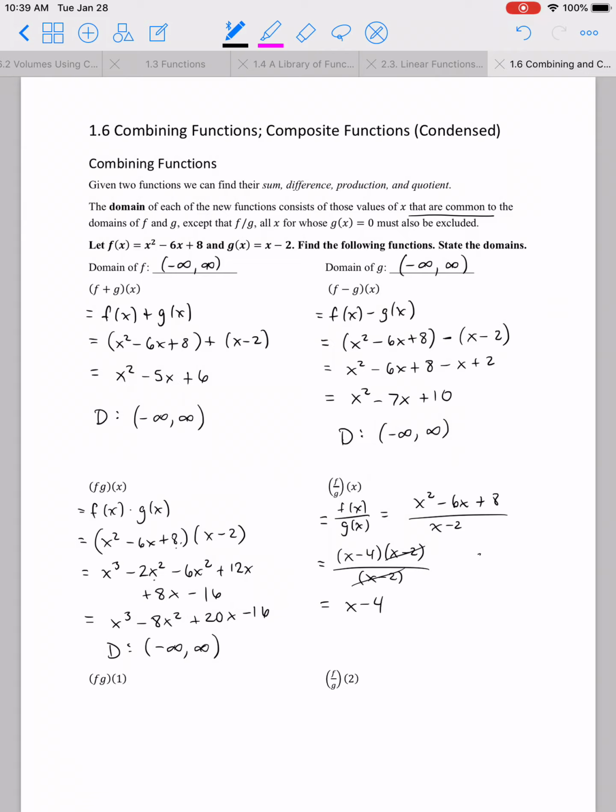So even though it canceled out, we can't have x equals 2 in our domain. So our domain here is going to be negative infinity up to 2, but not including 2, and then a union of 2 out to infinity, just like that, okay?